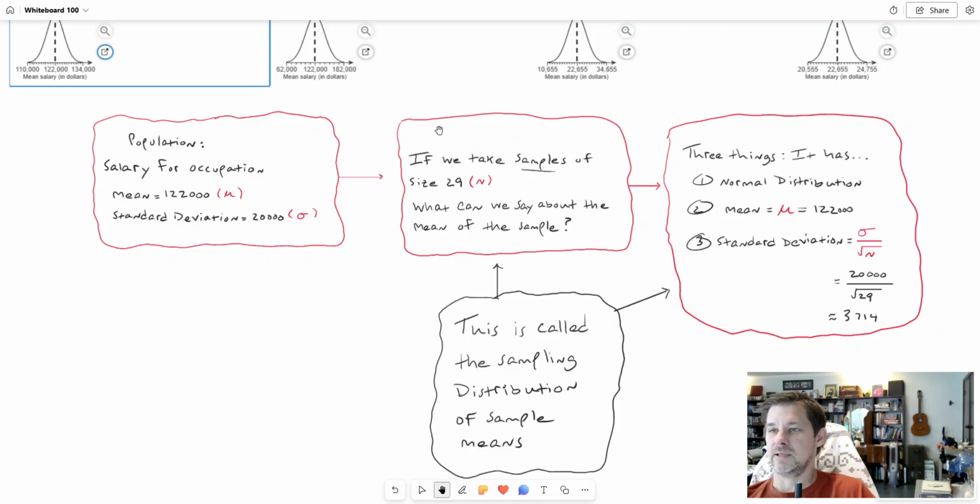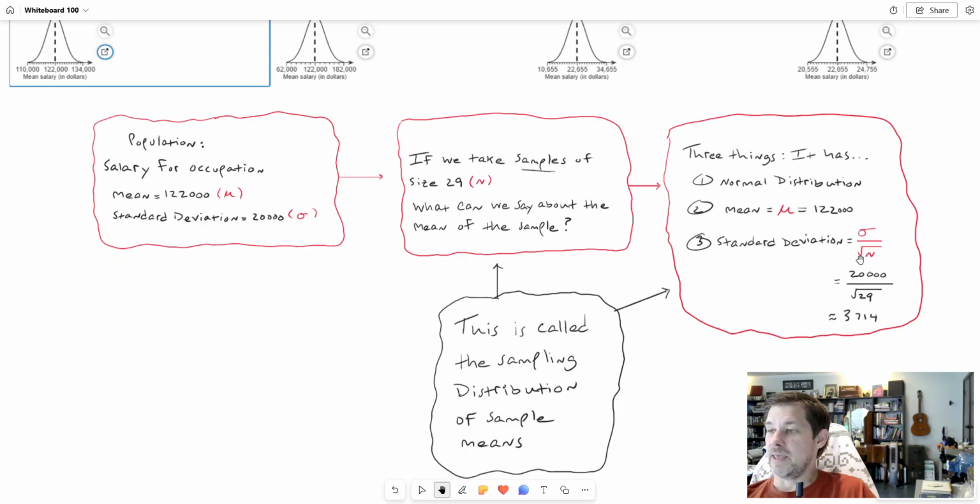You take a sample of a certain specific size from a population, and you find the mean of that sample. That mean will have a normal distribution. It will have a mean of mu, the Greek letter mu, which is the same as the population mean, in this case 122,000, and it will have a standard deviation of sigma, the population standard deviation, over the square root of n, the size of the sample.